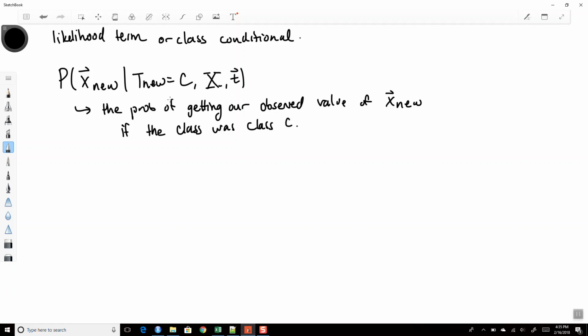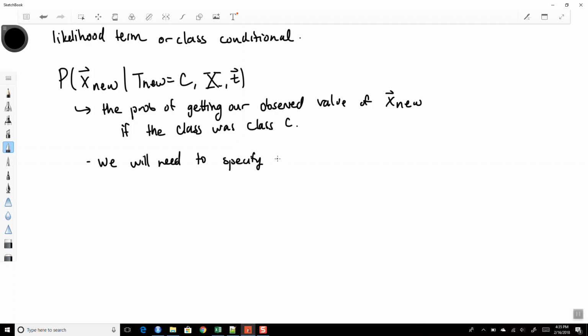So this, you'll need to specify some kind of distribution, okay? So if x is, I guess I'm assuming x is some kind of numeric variable, right? But I suppose it could be categorical also.